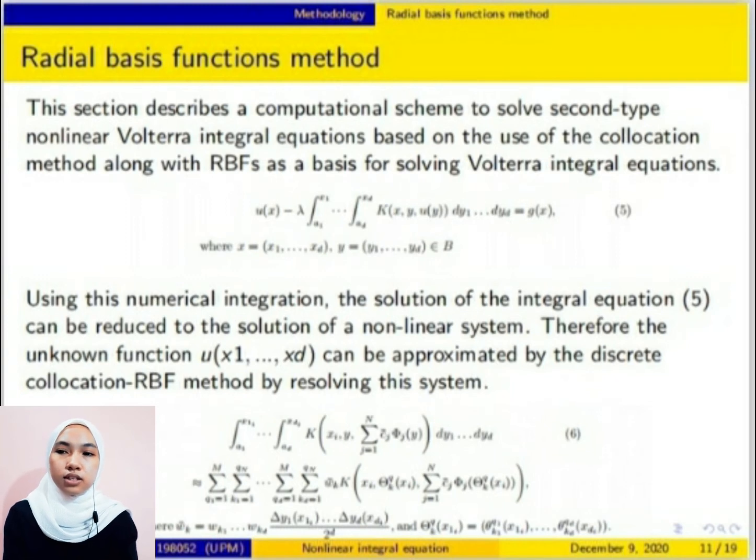By using numerical integration, the solution of the integral equation can be reduced to the solution of a nonlinear system. Therefore, the unknown function u(s1) until u(st) can be approximated by the discrete collocation RBF method by resolving this system. As can be seen, the method could be easily extended to higher dimension problems, and it doesn't significantly increase the difficulty of this integral equation.